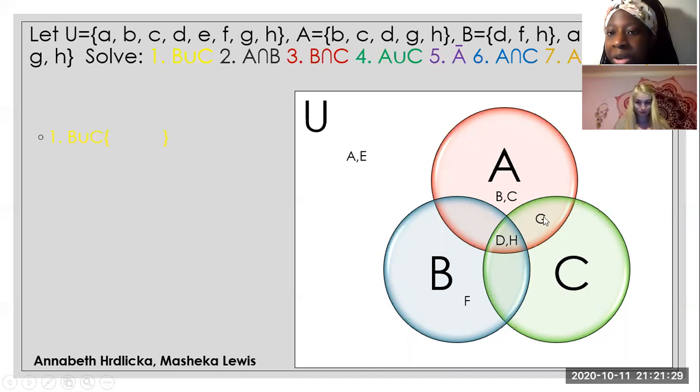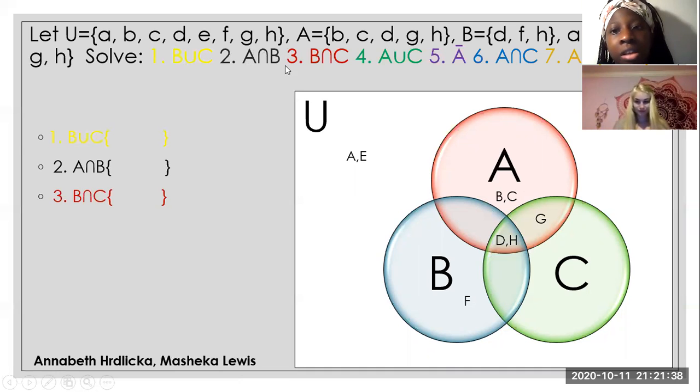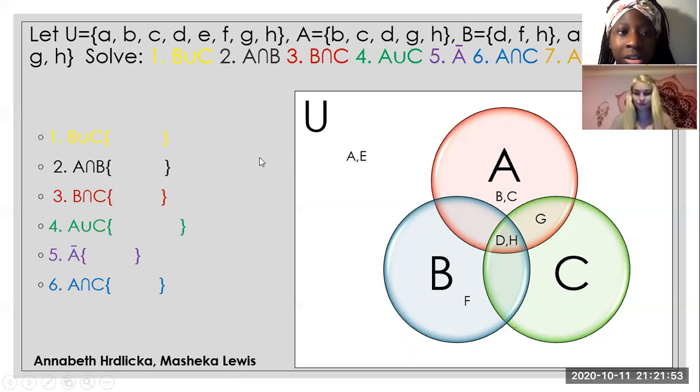So all the possible possibilities that can go, which is F, D, H, G. And then our second is what will go in A and B. So only what A and B share. So A and B share nothing by themselves, but A, B, and C all share D and H. That will go for being A and B. And then you'll continue on until number 5 like that.